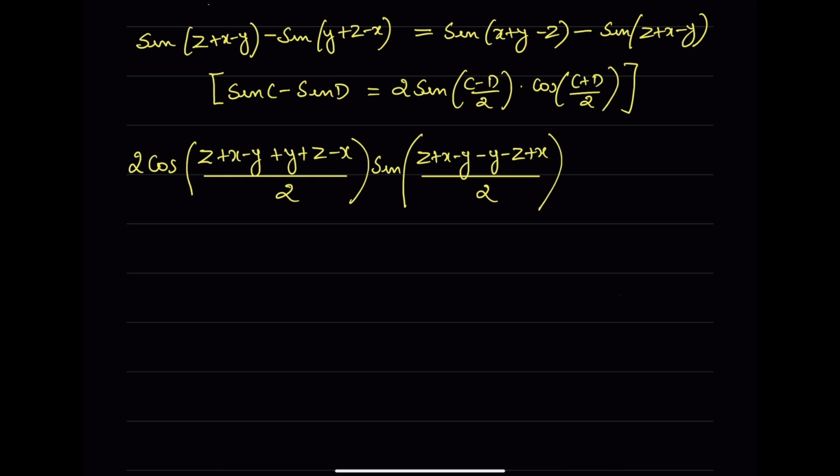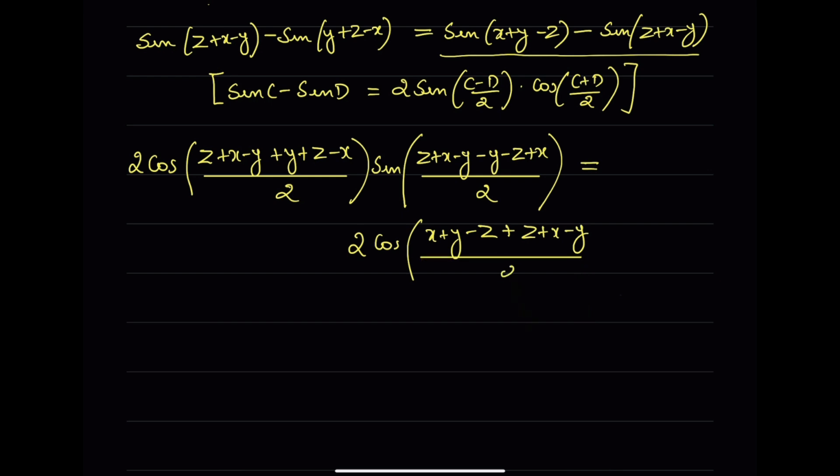This is our left hand side. This will be equal to, let's apply that on the right hand side as well, 2 cos of (C plus D) by 2, which is (x plus y minus z plus z plus x minus y), whole thing divided by 2, and sin of (C minus D) by 2, that will be (x plus y minus z minus z minus x plus y), this thing divided by 2.